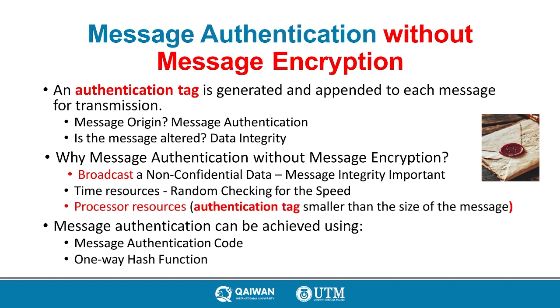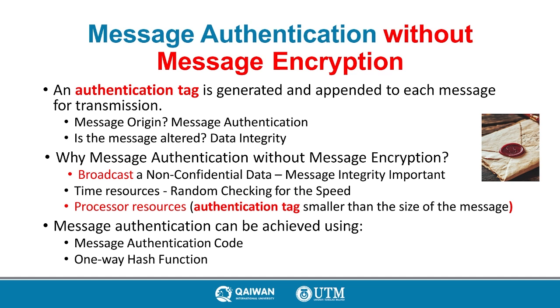Message origin authentication and data integrity: the letter will have the information, and in order to make sure that the message is not altered, in medieval times they used the wax seal, and this way if the message was opened they would have known.